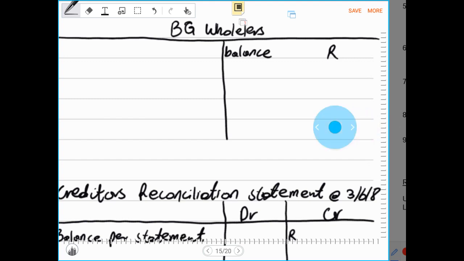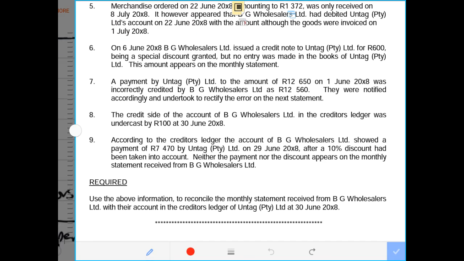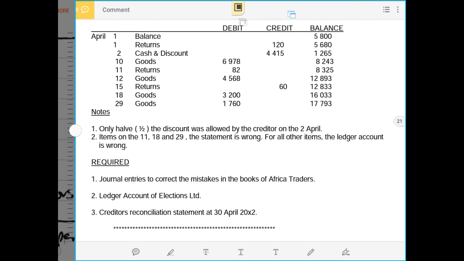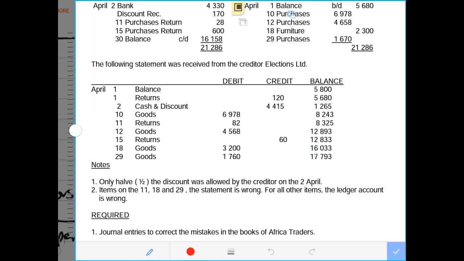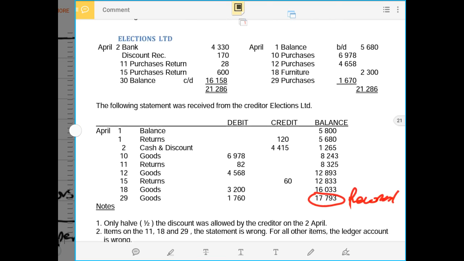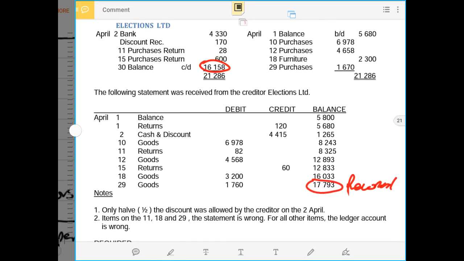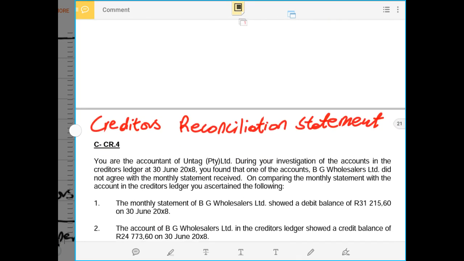So we have to check in reference once again to the earlier exercise. If we were given a statement, we were going to take this balance. Remember, this is the previous exercise. For the reconciliation, this will be the amount that will go under balance in the reconciliation. For the ledger account, this is the amount that will go in the ledger account. Remember, these two are the closing balances, but we are not given the ledger account and we are not given the reconciliation.